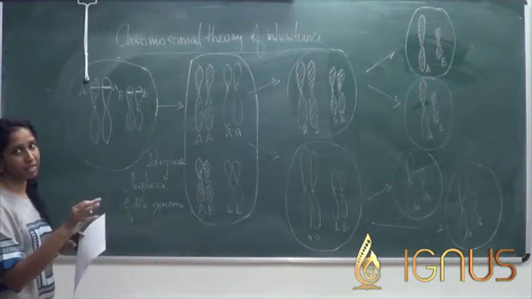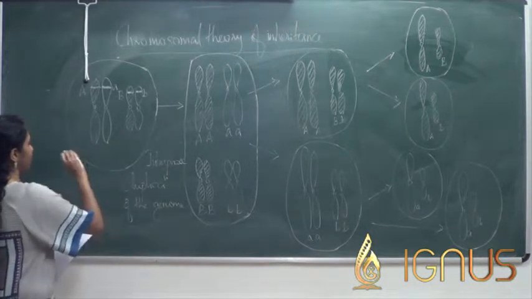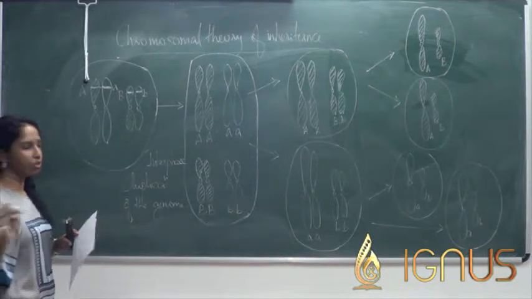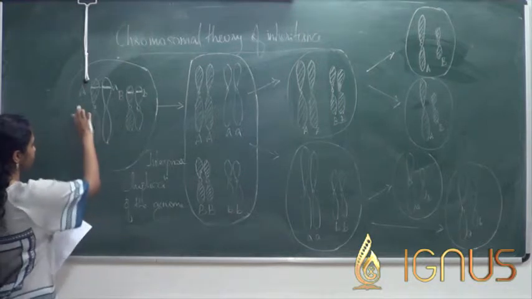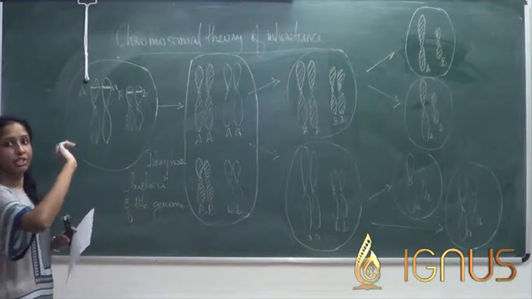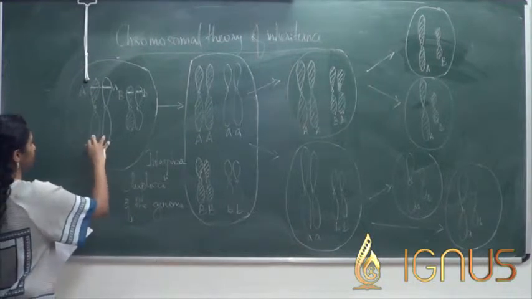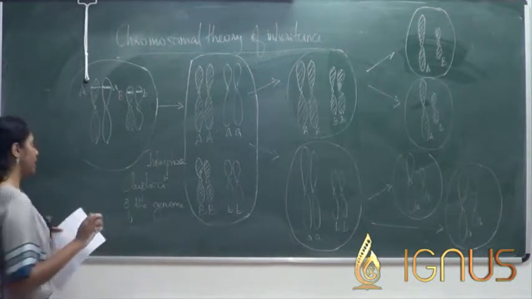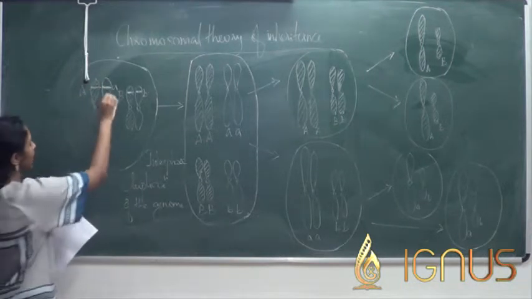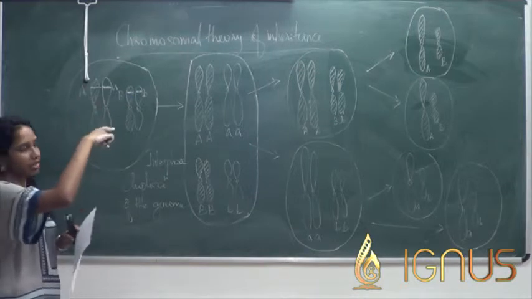So imagine that the mother cell has, for this experiment, the example that I am giving, two pairs of chromosomes carrying two genes. One pair of chromosomes is carrying gene A and another pair of chromosomes is carrying gene B. The pair carrying gene A is going to have at one locus a dominant allele and at another locus a recessive allele.